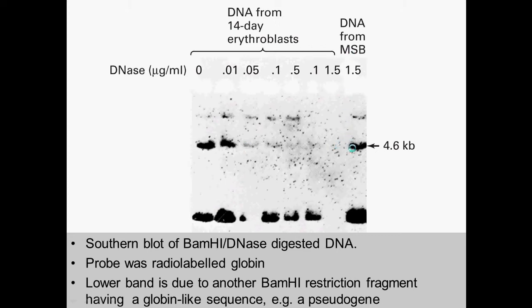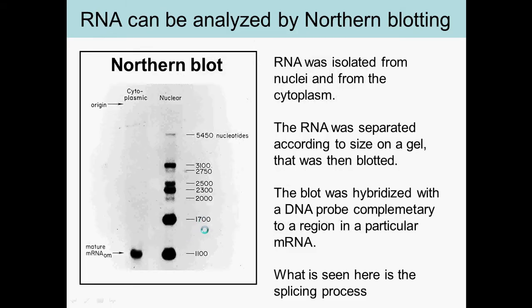And in the MSB cells, you always found the globin gene because it was wrapped around the nucleosomes and could not be cut. So the probe always found it, and you can see it here. We don't have to worry about these.